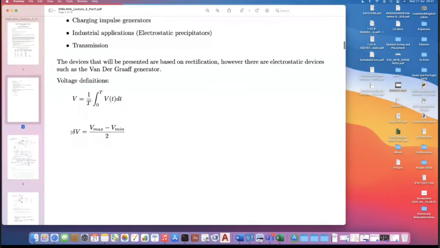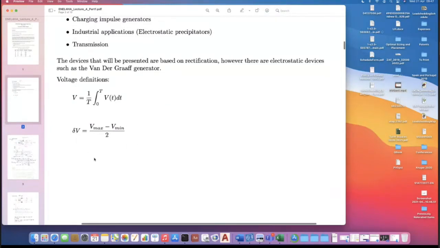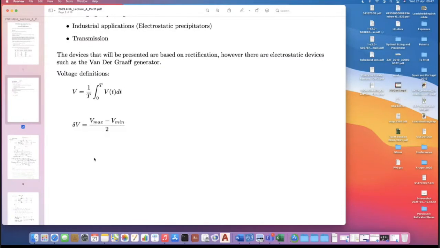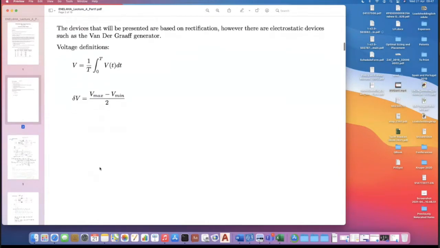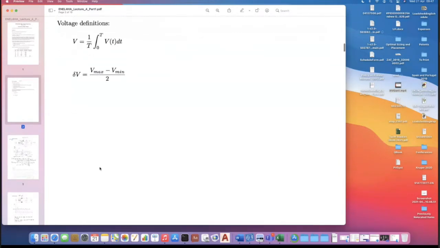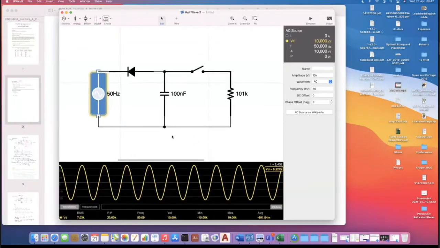And then the ripple is defined as Vmax minus Vmin divided by 2. So that might be a little bit different to what you do in power electronics. Right, I'm going to stop there, and I'm going to talk about a simple device that we should have seen before.